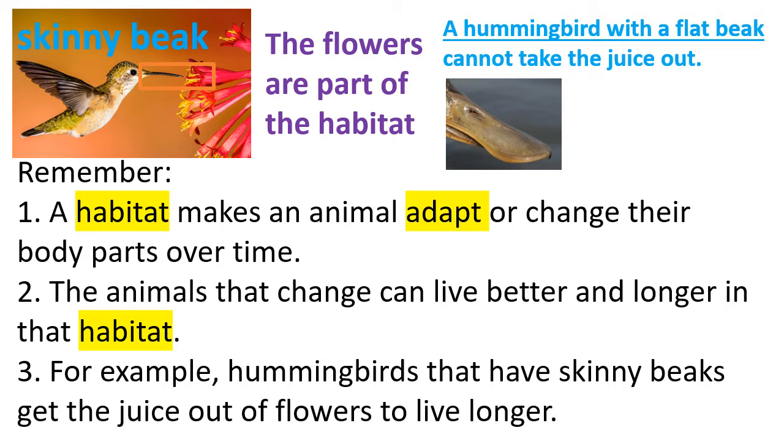Here is the skinny beak. And remember, the flowers are part of the habitat. So a hummingbird with a flat beak, like a duck, cannot take the juice out and therefore cannot live long in that habitat.